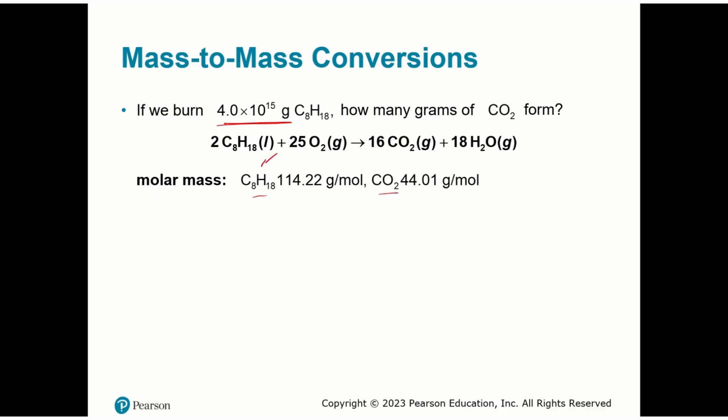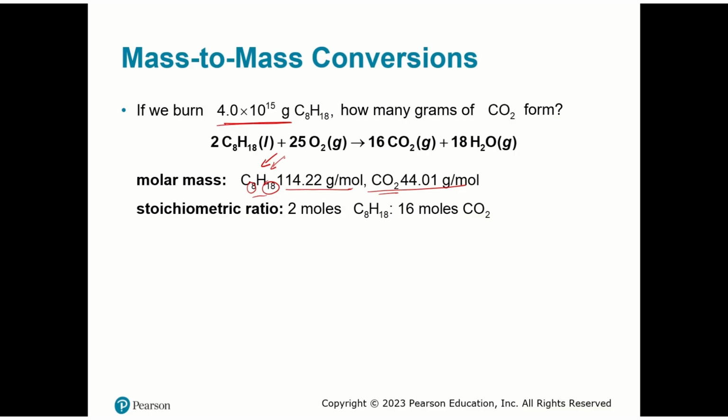We know how we calculate the molar mass. We go to the periodic table and find the atomic mass of each element, for example, carbon times 8, and add 18 times the atomic mass of hydrogen. Add all together, and you have 114.22 grams per mole, and I'm going to do the same thing for CO2.